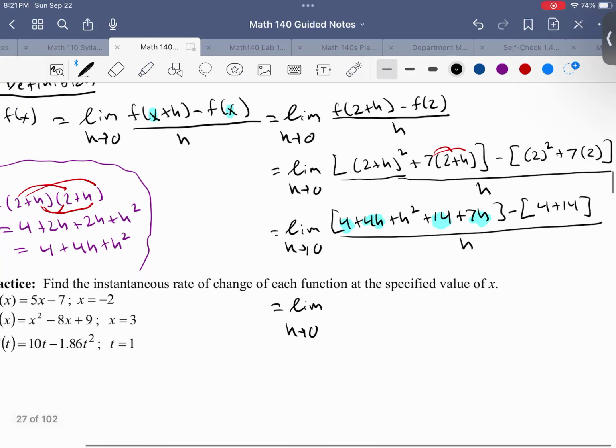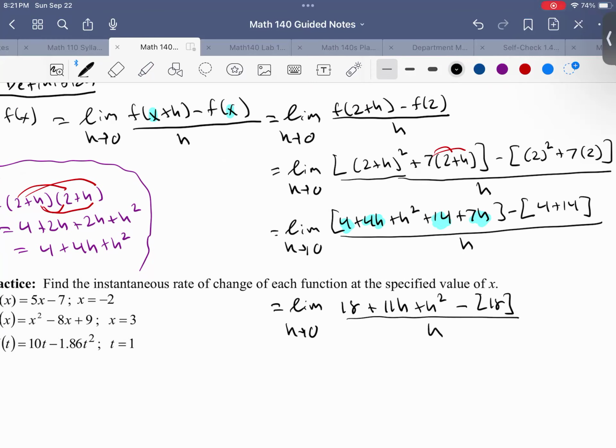This equals 18 plus 11h plus h squared minus 18 all over h.